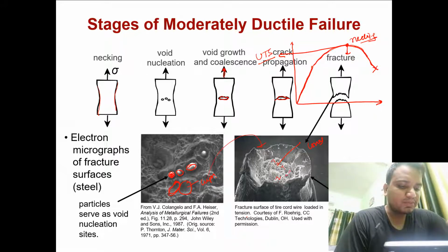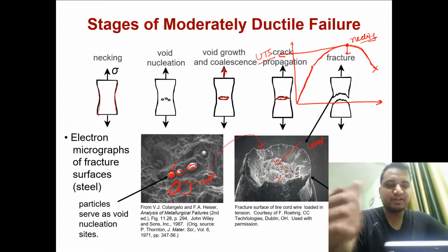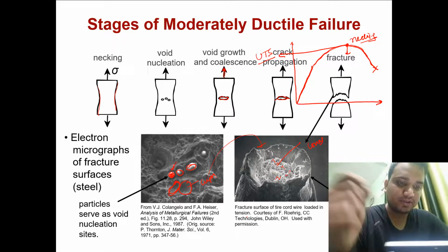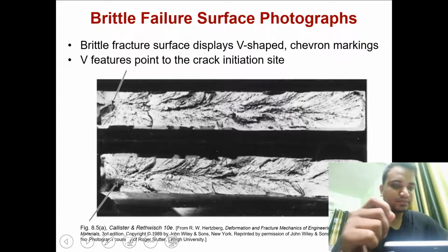The bonding between this particle and this metal will be somewhat different, so when force is applied, there will be chances that it can form a void. So it happens like that. This is for ductile fracture.